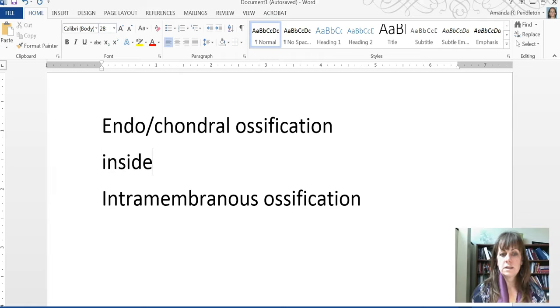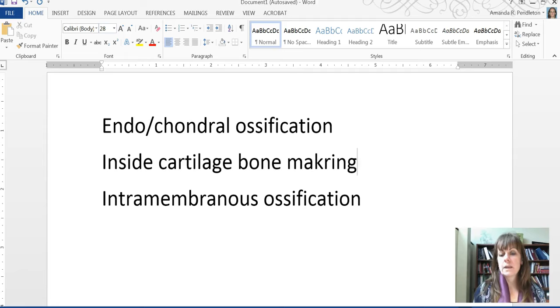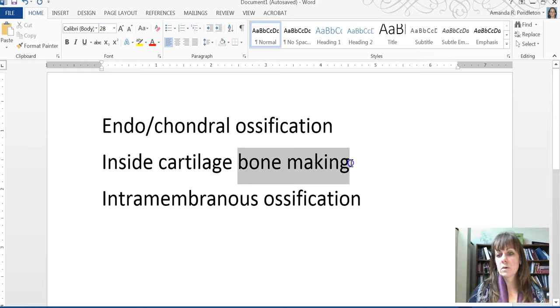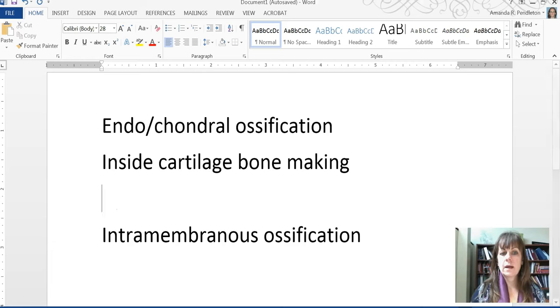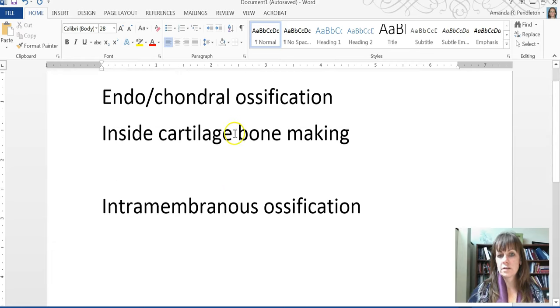Endo is inside, chondral has something to do with cartilage, and ossification, well, we know that OSS refers to bone, and so it literally means bone making. So it literally means that we're making bone inside of cartilage. Okay, so that is endochondral ossification.